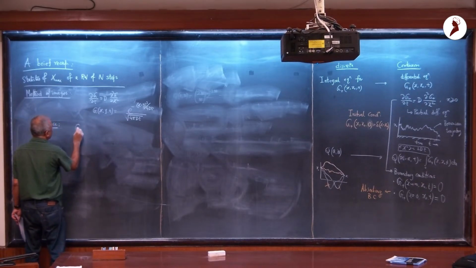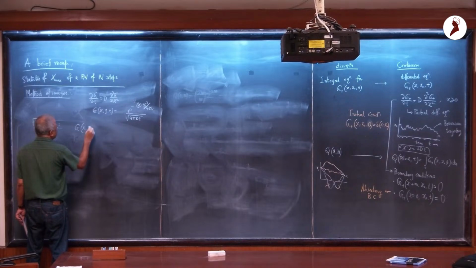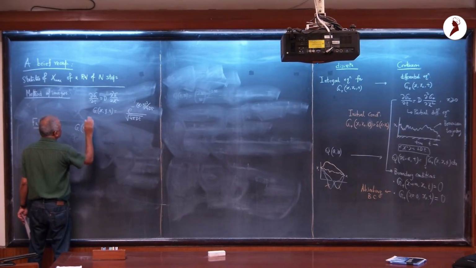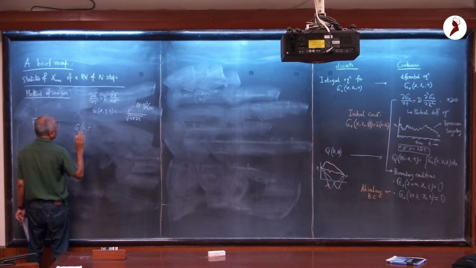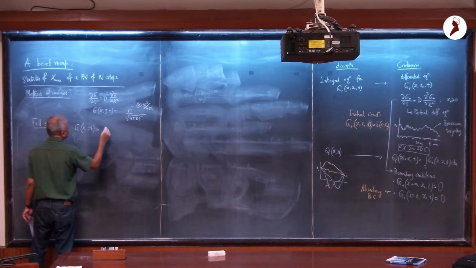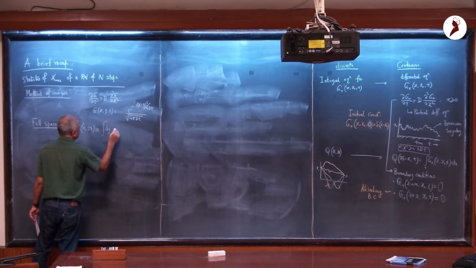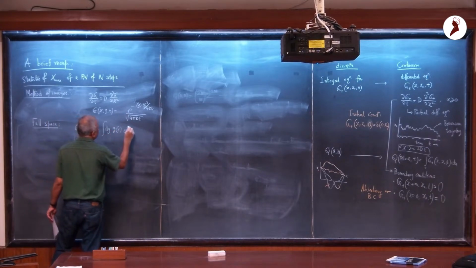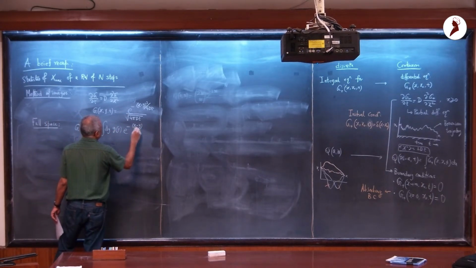So you can write down any solution. Let's forget the initial condition for the moment. I'm just writing down the very general solution that satisfies this equation. So I can take any y, y can be anything, and just put a weight factor.